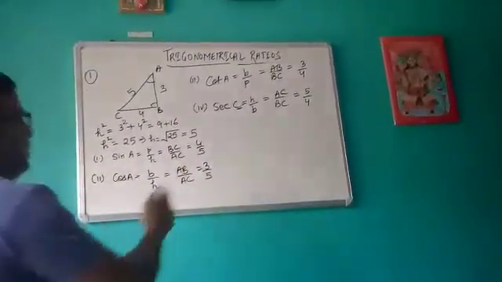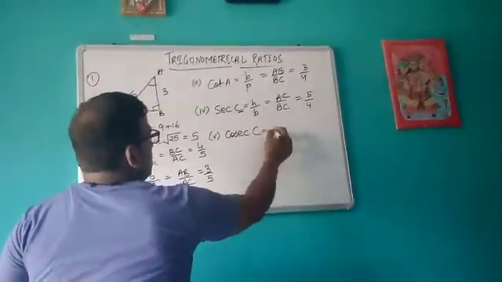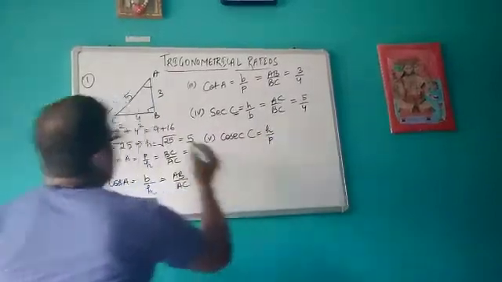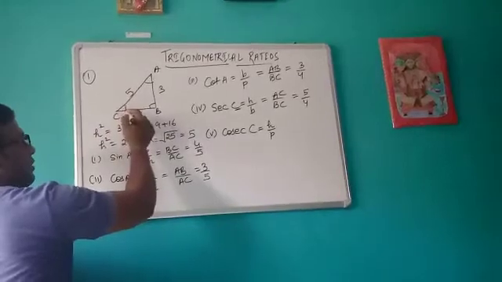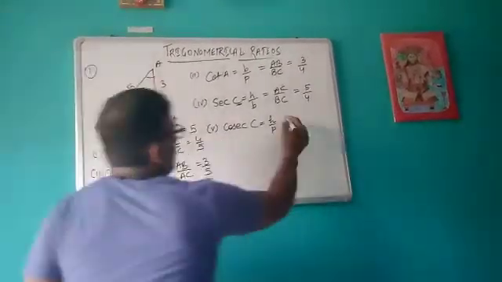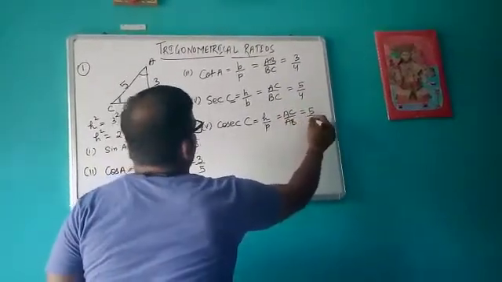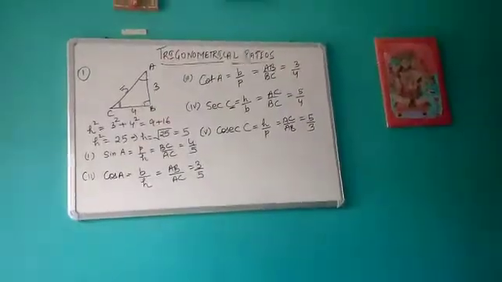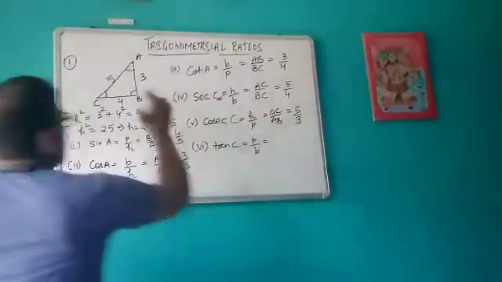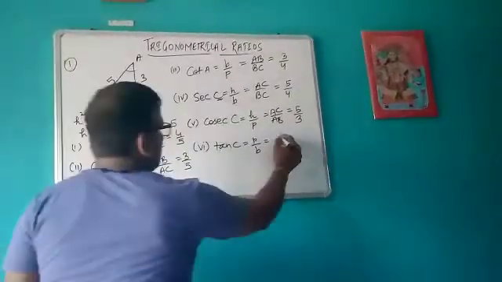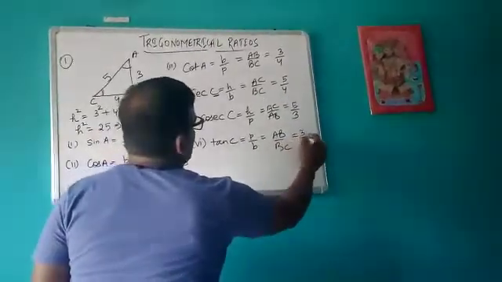Similarly, we will calculate cosec of C. The formula will be H upon P. For this angle C, what will be your perpendicular? AB. So you will write it as AC upon AB, that is 5 upon 3. Tan of C is P upon B, but for this C, what was P? AB. And what was B? BC. So it is 3 upon 4.